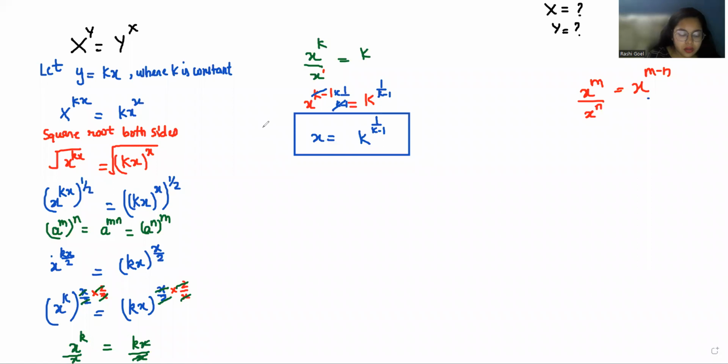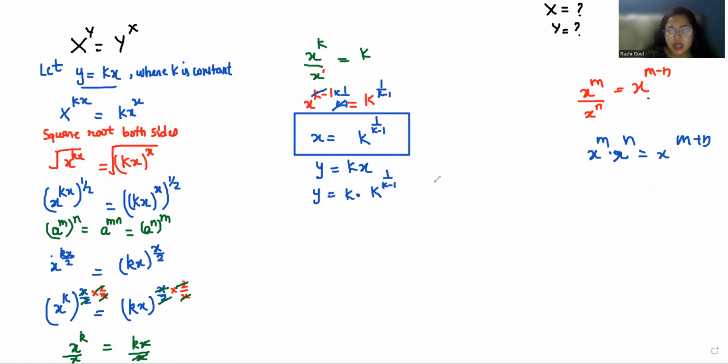Now, we know that we have taken y is equal to kx. So let's put the value of x here. y is equal to kx, so y is equal to k times k power 1 by k minus 1. Exponent rule: x power m times x power n, we can write as x power m plus n.